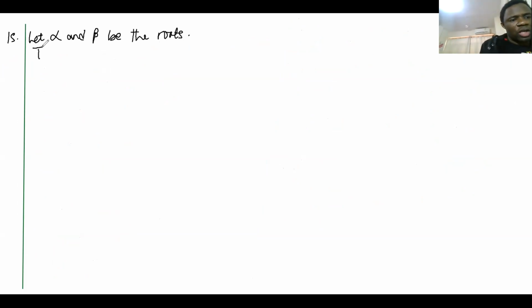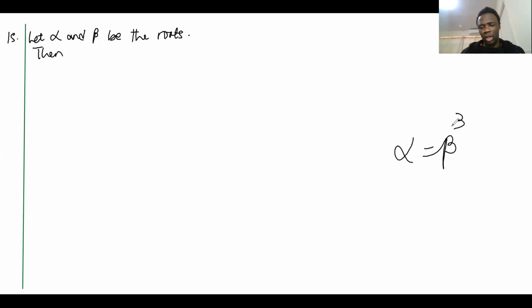Then what can you say immediately? Then alpha equals beta cube. Think again. It says alpha equals... 1 over beta cube. Yes, 1 over beta cube.